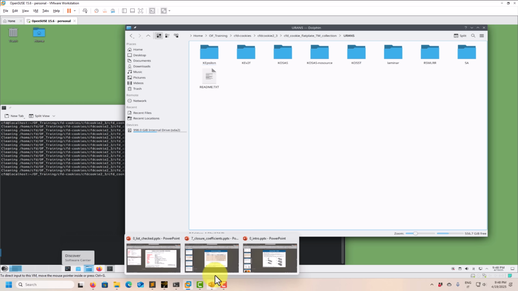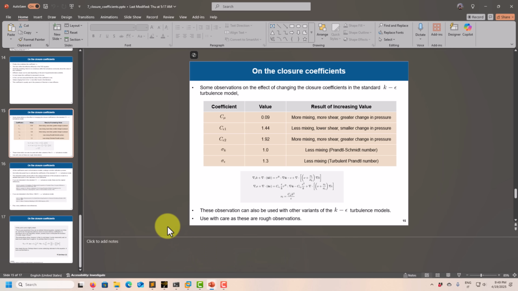To address something about the closure coefficients: I talked a little bit about this in the theory. Sometimes in RANS, to get a steady behavior, or to get a better matching with the observation, you can change coefficients. Here you have these comments on how you change them. Look at that C mu.